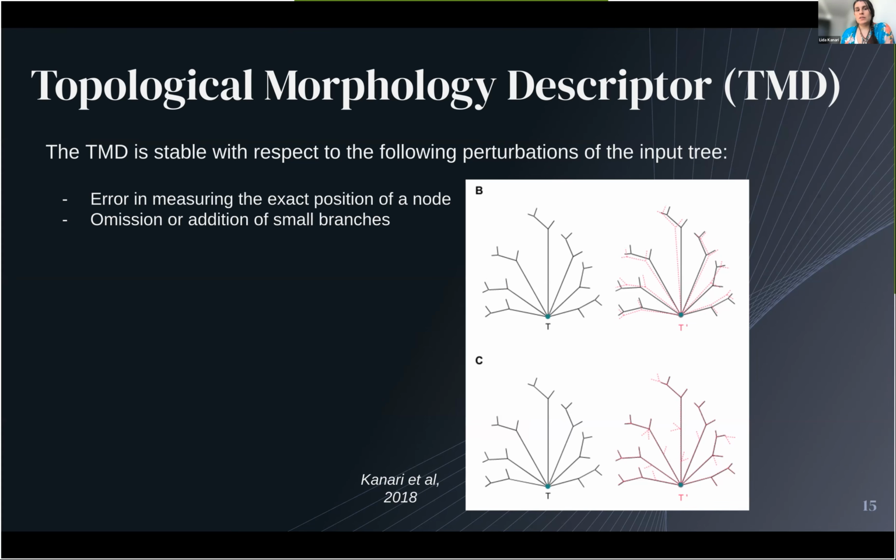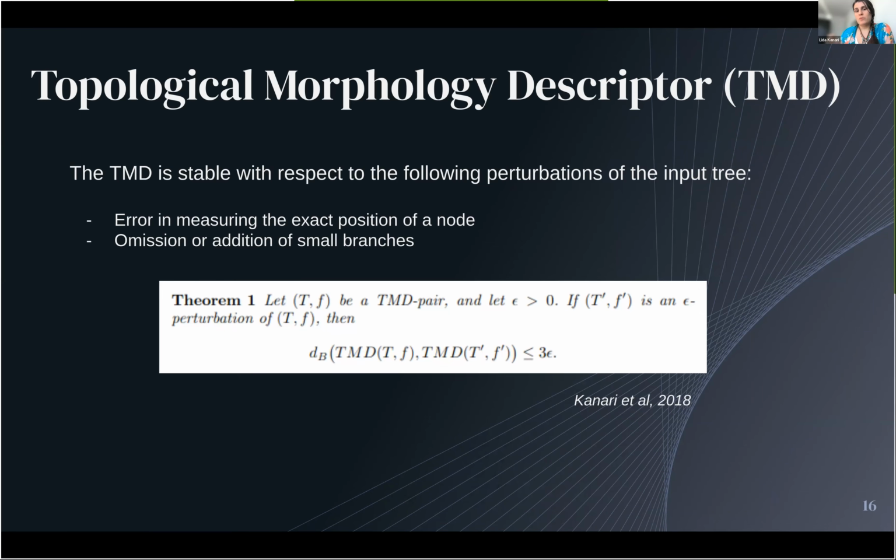TMD is stable with respect to a few perturbations on the input tree. These are errors that could happen on the specific positions of the nodes. For each point within the tree structure, we tested the impact of moving it by epsilon. The second perturbation is adding or subtracting small branches. To both of these types of perturbations, the TMD has proved to be stable.